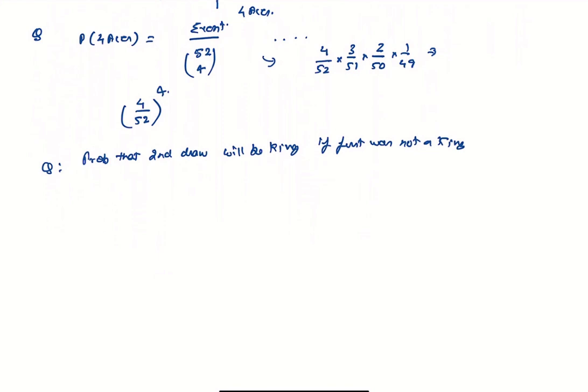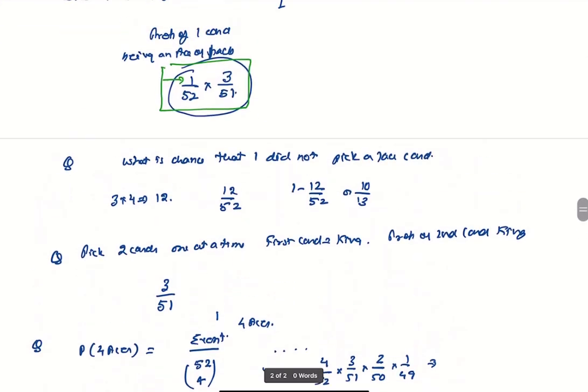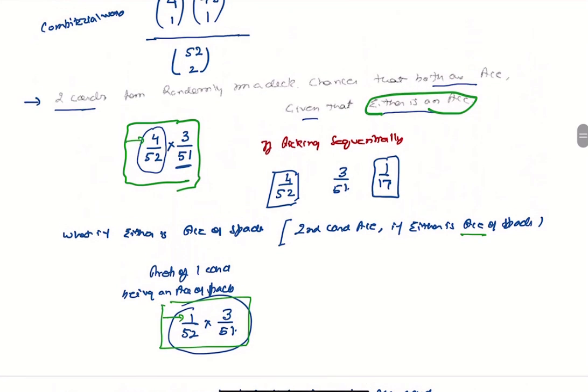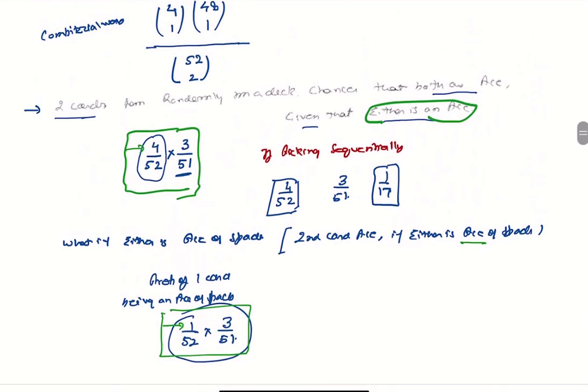If we are drawing sequentially, then we just work with the reduced sample space, because the first card has been drawn already and it was not a king. So we still have the 4 kings remaining, and then it is 51. But if we are drawing them together, then this question is very much similar to the aces question, which is the probability of getting at least 1 king.